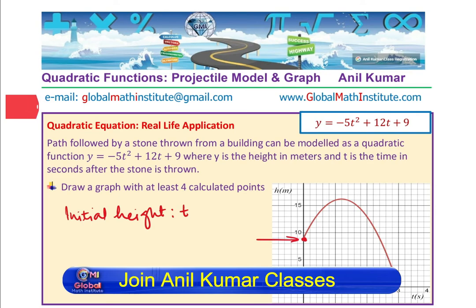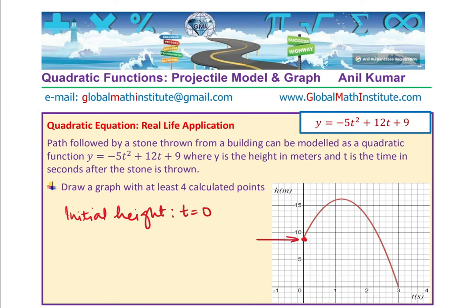At that time, t equals 0. And then we found the maximum value, right? By first finding the time, 1.2 seconds, and we used the formula for this, and that was t is minus b by 2a. And that gave us this value. Once we had this value, then we found the maximum value, which was 16.2 for us.